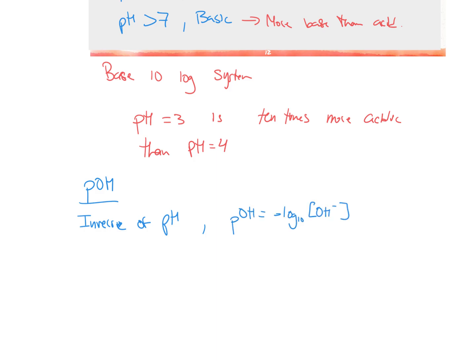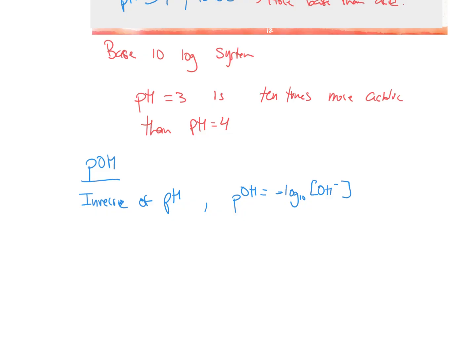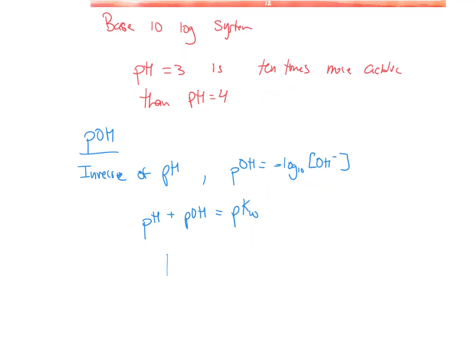And then because you can relate the concentration of OH- and the concentration of H+ to each other, pH plus pOH actually equals pKw, where pKw is just minus log base 10 of Kw. So you can use all of these relationships to figure something out about the concentration of acid and base in solution and whether you are neutral, acidic, or basic.